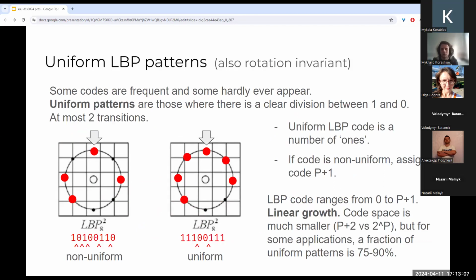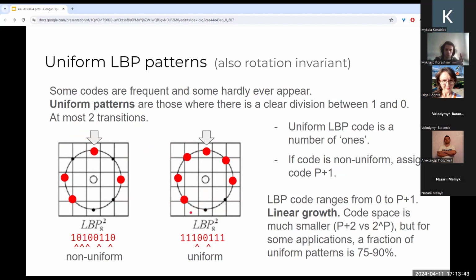And the final evolution of LBP patterns starts with the advent of uniform LBP patterns. Some papers found that there are some typical patterns that appear most of the time, and some atypical patterns that appear much more rarely. These typical patterns they call uniform patterns, and they define them, as you can see, as patterns that have at most 2 transitions between 1 and 0.